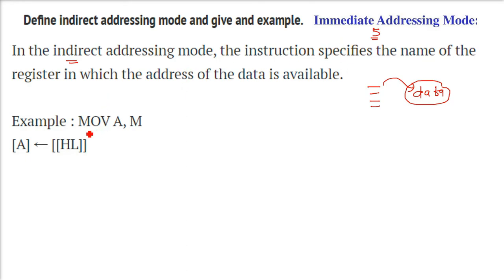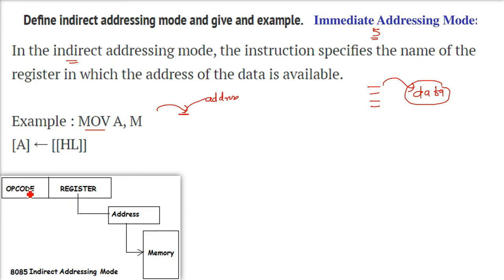Because it is not direct, it is indirect, you are not telling the direct address of the data. You are telling that this will have the address of that data. Let me tell you again: in the instruction we have an opcode and a register. This register will have an address, and that address will have the data.